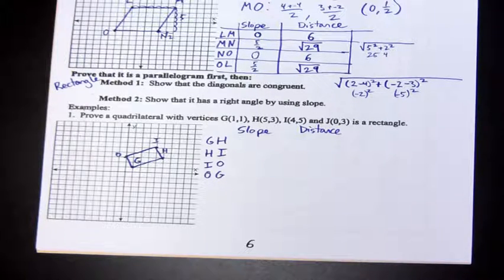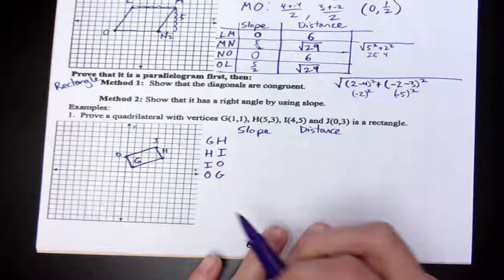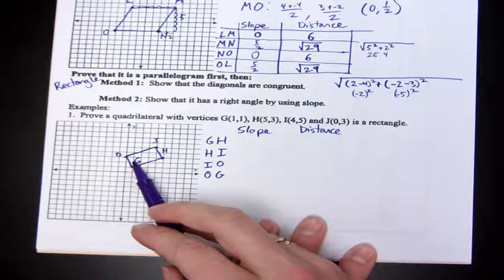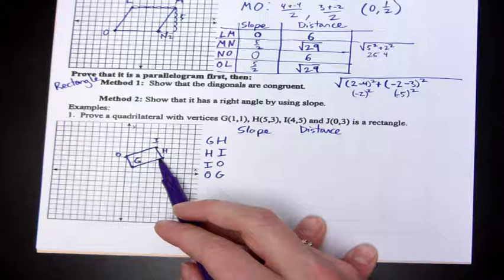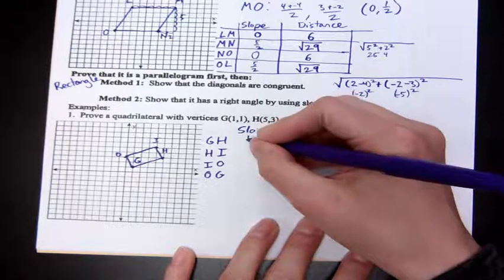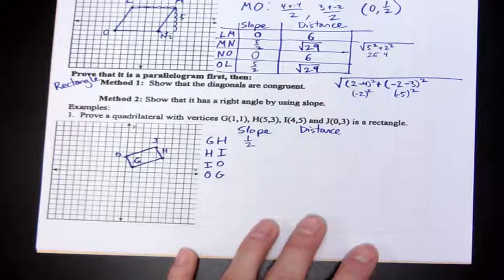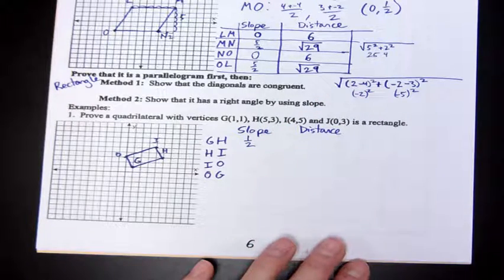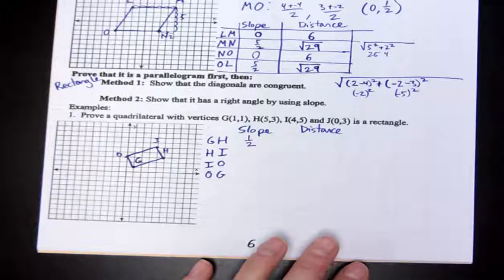All right, who can tell me, if we count out, what's the slope of GH? You're still plotting. So up 2 over 4. So 2 over 4 reduces to 1/2. All right. How about IH? What's the slope of IH?